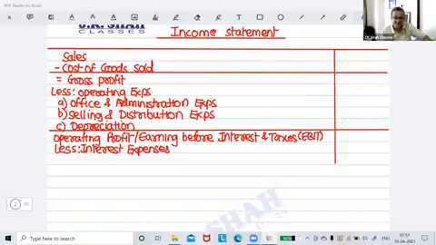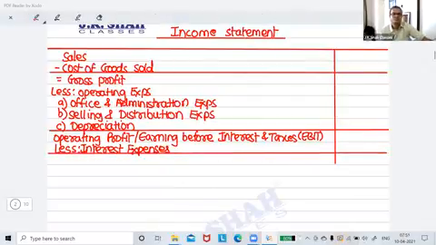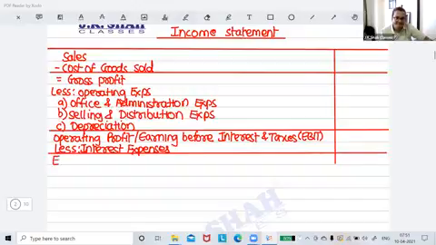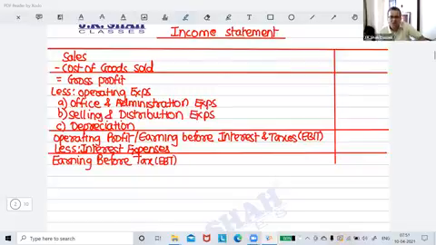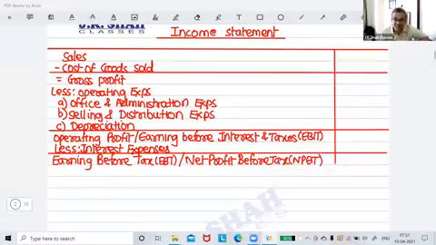Earning before tax. So EBT. Alternatively, I can also call it net profit before tax, NPBT. Correct, friends?